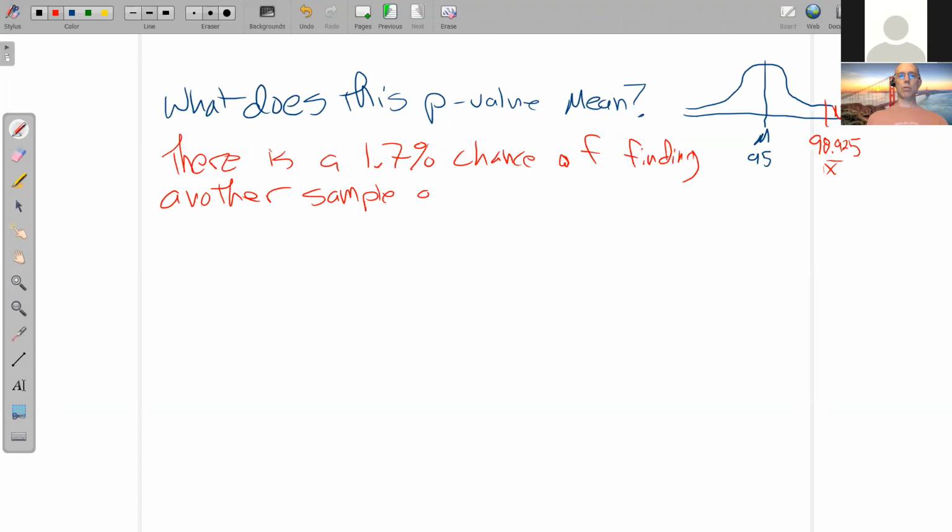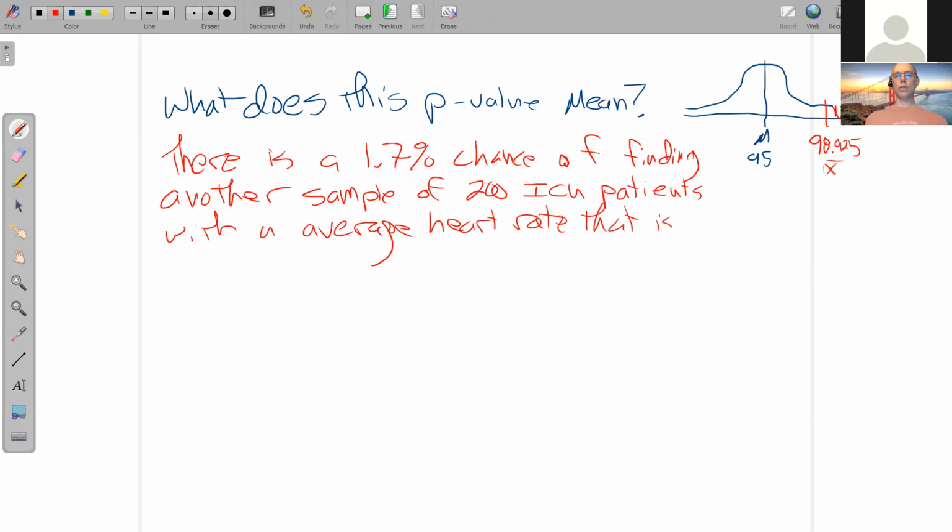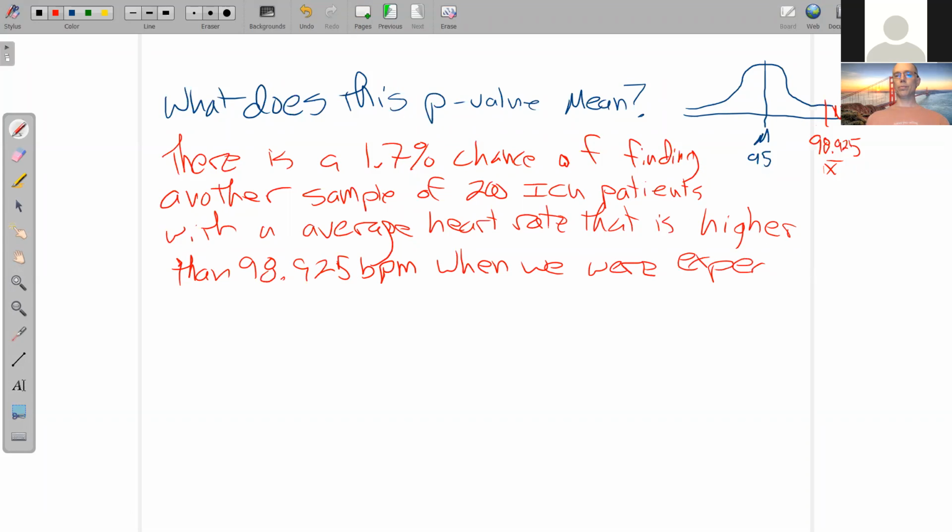There were 200 people, so another sample of 200 ICU patients, with an average heart rate that is higher or greater, whatever you like, than what we found, that 98.925 beats per minute, when we were expecting an average of 95 beats per minute.